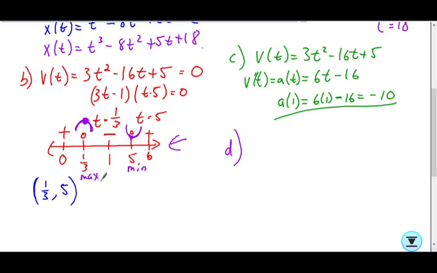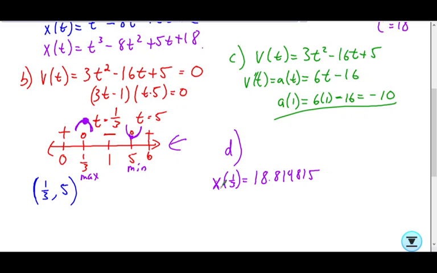So when it's asking us to find the maximum here, let's look at it. x at 1/3, when we plug in 1/3 into our position equation, we get 18.814815.